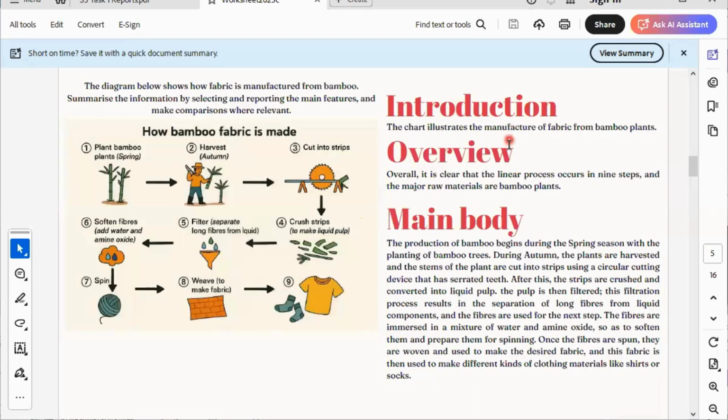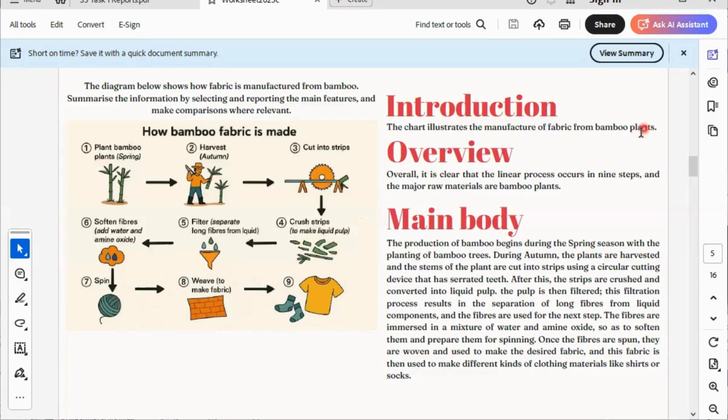I have rearranged. That's one of the ways you paraphrase. In the question prompt, what did they write? How fabric is manufactured. Fabric comes before manufacture in the question prompt, but I have rearranged it and I put manufacture before fabric. The chart illustrates the manufacture of fabric from bamboo plants. Somebody says, why did you add plants?